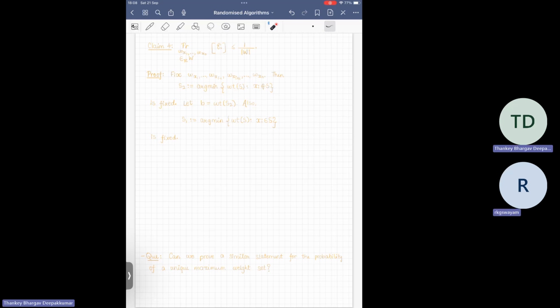We haven't said that this is the smallest or this is the largest. All I am saying is once I fix Wx1 to Wx(i-1) and Wx(i+1) to WxN, even without looking at Wxi, I can figure out what S1 is going to be. So which set will have the minimum weight among all sets containing Xi.